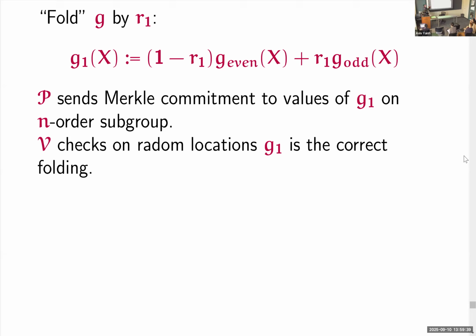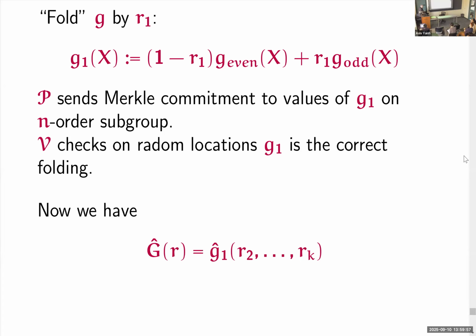Right. So an important point here is that one value of the fold is a sort of local thing. It's a combination of two values of the original. And now there's this nice thing in the correspondence between the multilinear and the univariate.